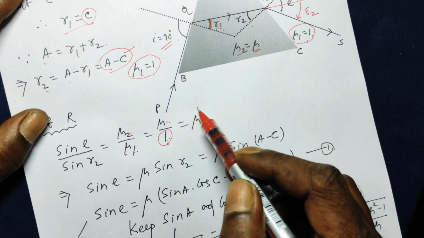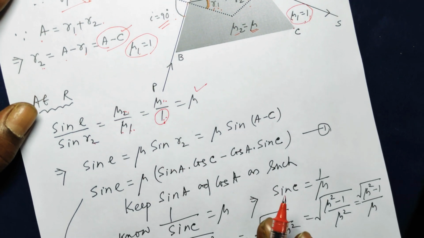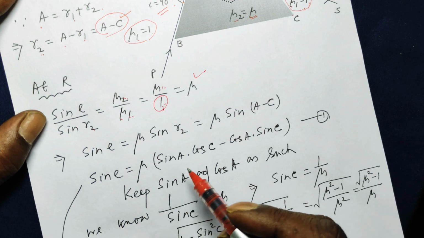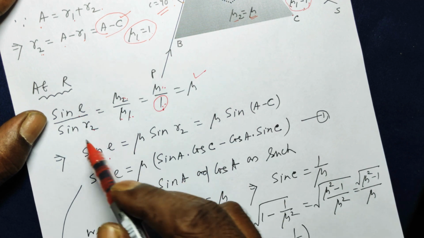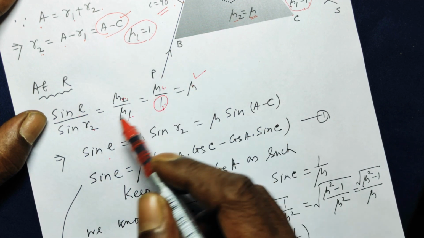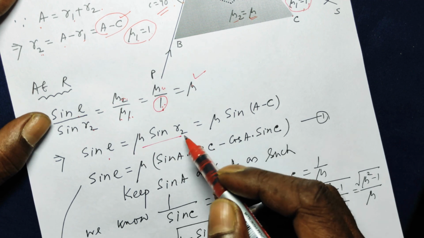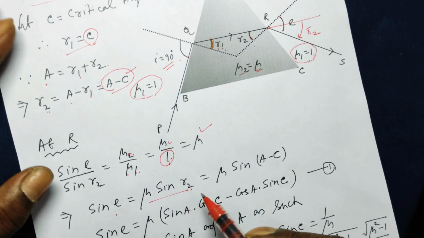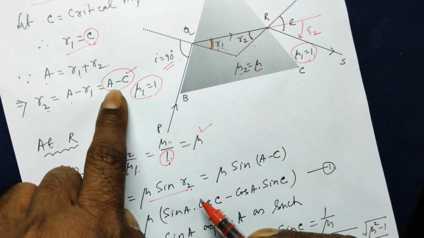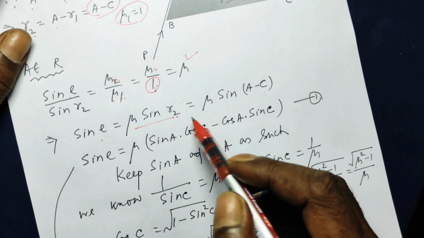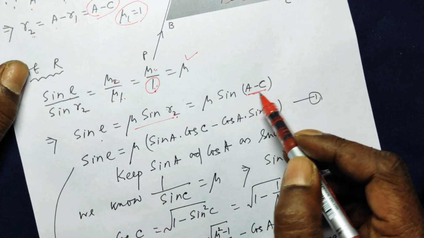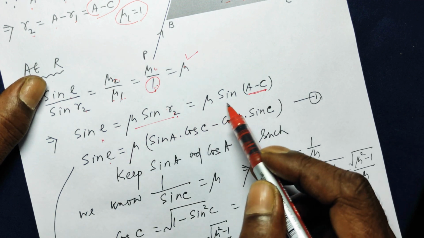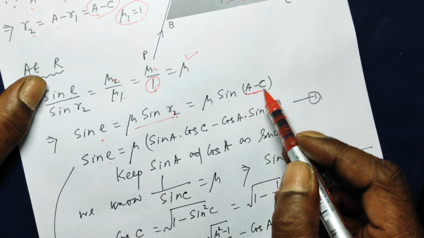So mu2 over 1 is mu. Now if you cross multiply, your sine E becomes mu times sine R2, and I just explained how R2 is equal to A minus C. So for R2 I put A minus C. So sine E is equal to mu times sine of A minus C.